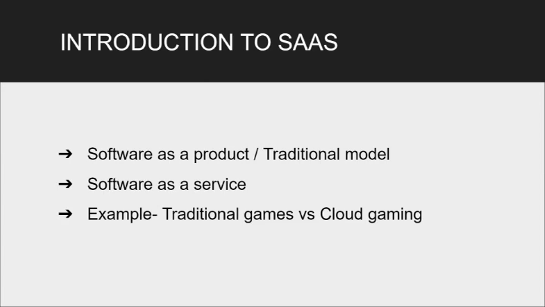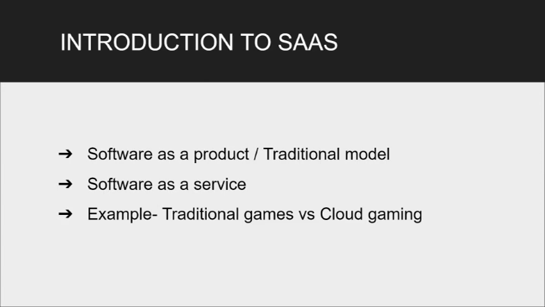Now let us try to understand this with the help of an example. Let's take the example of gaming. In the traditional gaming model, if you wanted to play a game, then we have to install it in our PC, then we can play it.